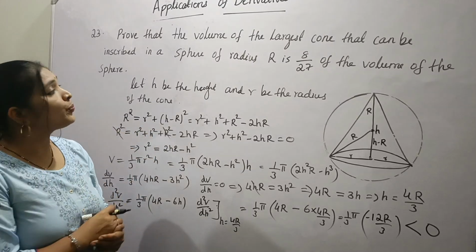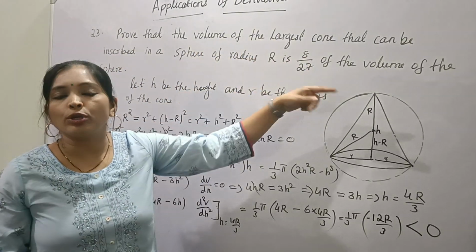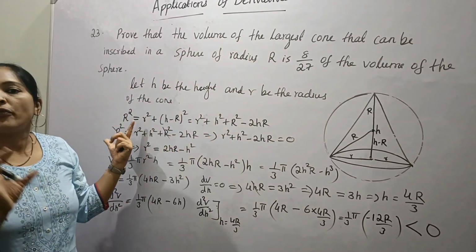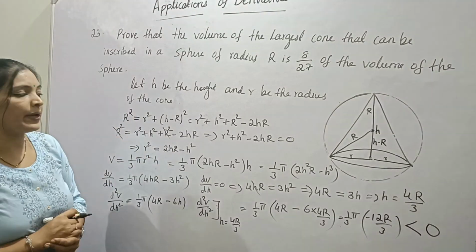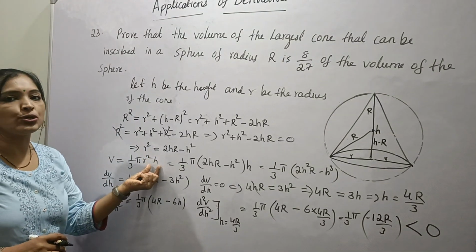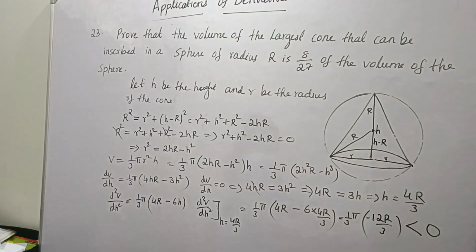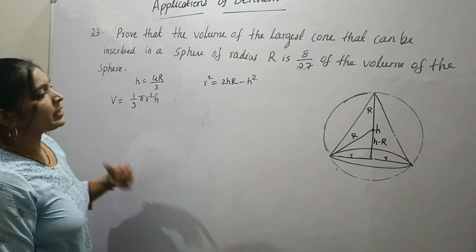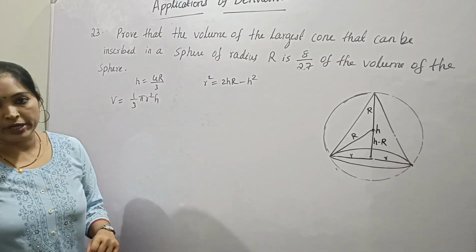Here we have to prove that the volume of the cone is 8 by 27 of the volume of the sphere. So we have to write the volume of the cone. The volume of the cone is 1 by 3 pi r square h. Here we substitute h is equal to 4r by 3. We have got d square v by dh square less than 0 at h is equal to 4r by 3.